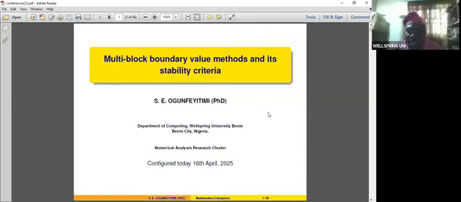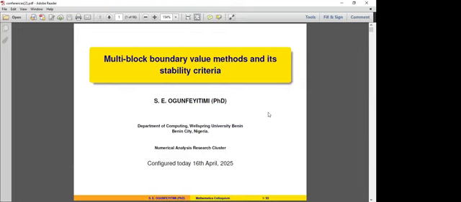Yes, it extends. I only use this as a case study. It extends to all other methods. Now, if you agree with me that for first order, we can say for certain order of P less than 2, they are A-stable or thereabout.